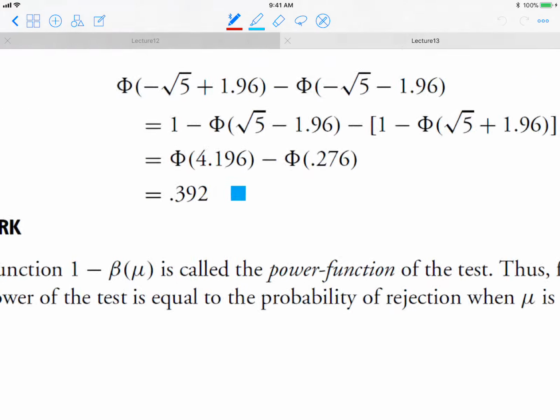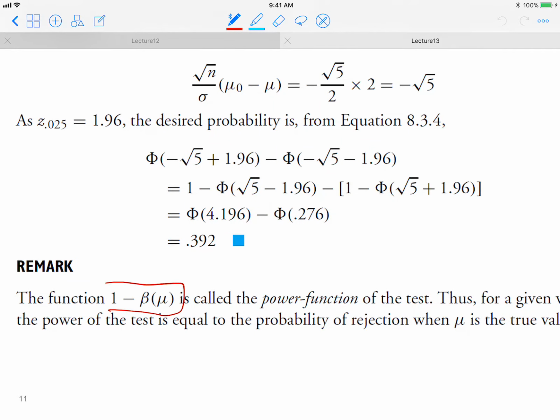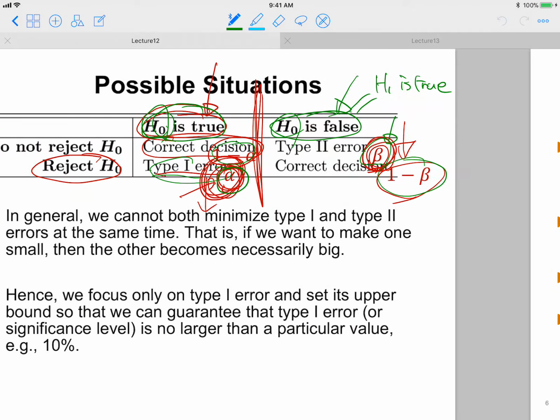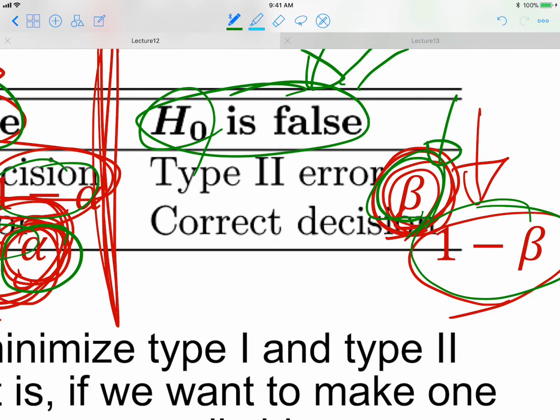Okay, and then this guy, 1 minus beta, was corresponding to making the correct decision when the alternative hypothesis was true. Okay, so your method is indeed better than the other, and fortunately, your sample mean was outside of this acceptance region.